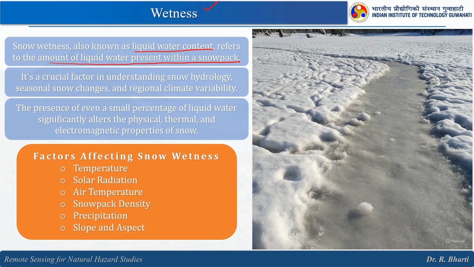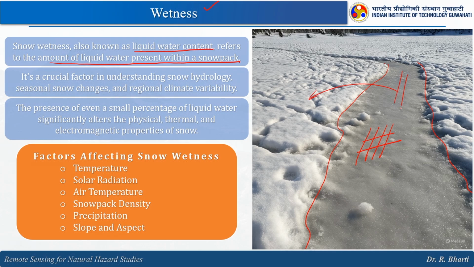This particular image is just to explain that this ice has more water content. Visually you can identify it, but when we talk about the liquid water content present in snow, whether the snow is dry or wet, we need an instrument to measure it. This image explains how these two are different.